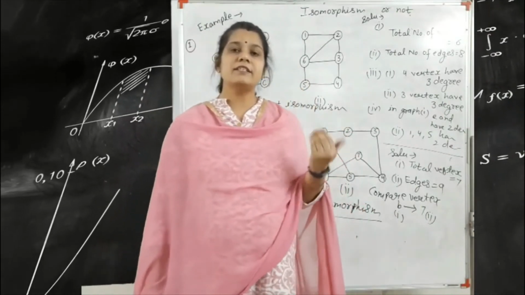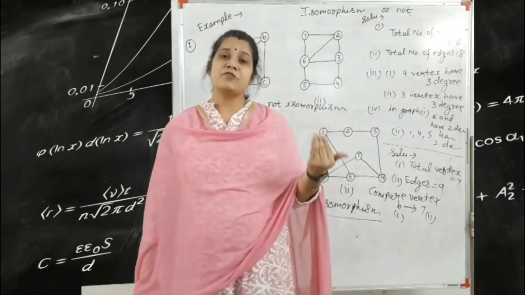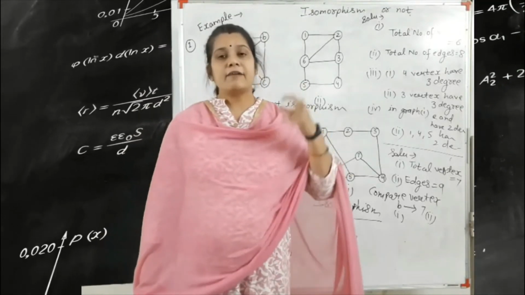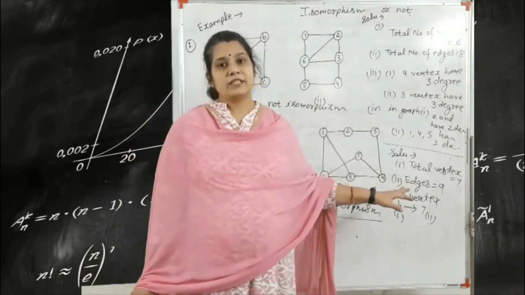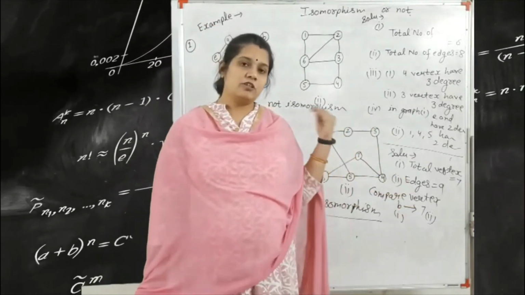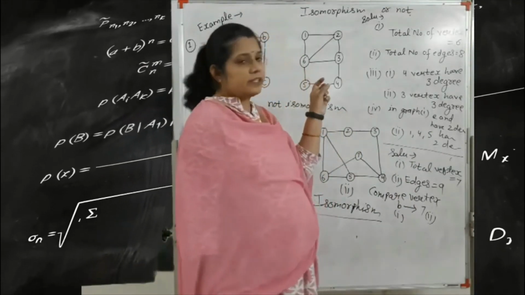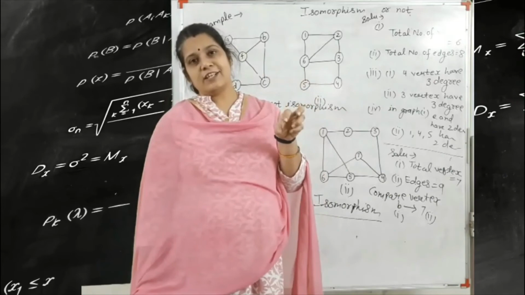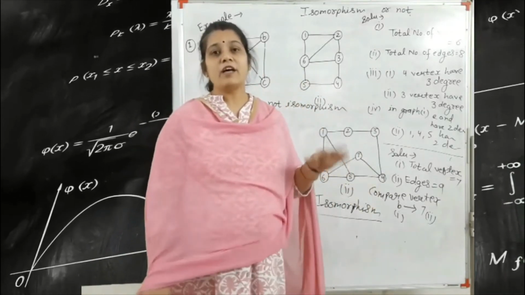If your first condition is satisfied, you find the second, then the third condition. Always write minimum 3 to 4 conditions in your solution, because according to the first 3 to 4 conditions we decide whether the given graph is isomorphism or not.